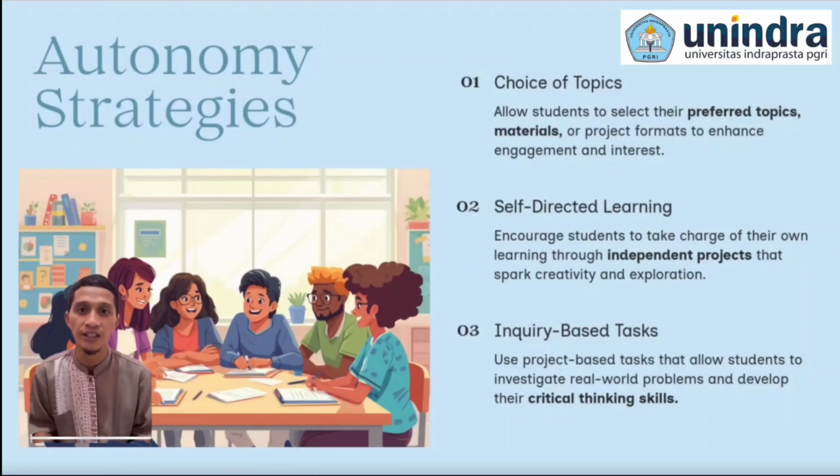We can encourage students to take charge of their learning through independent projects that spark their own creativity and exploration. And third, inquiry-based tasks. This involves using project-based tasks that allow students to investigate real-world problems, which has the added benefit of developing their critical thinking skills.